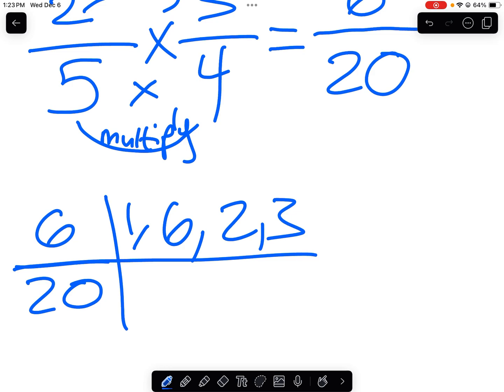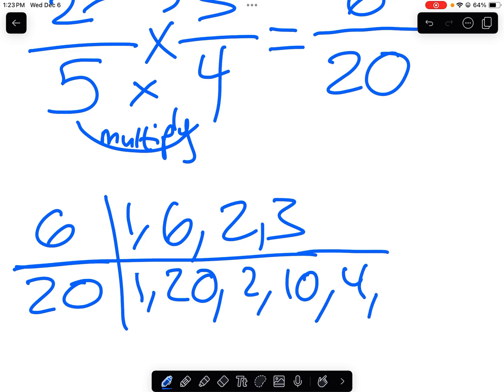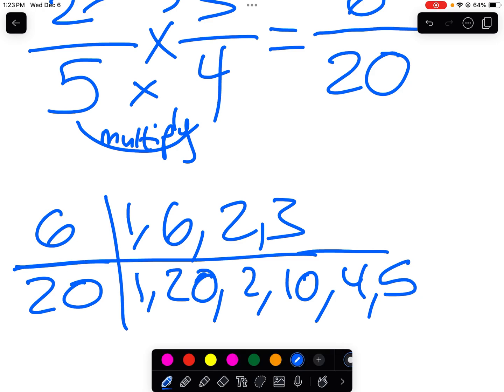And then for 20, it is 1, 20, 2, 10, 4, 5. 4 times 5 is 20, 2 times 10 is 20, and 1 times 20 is 20. Did I leave anything out? I don't think so. And so now, let's see. I think 2 is my greatest common factor.